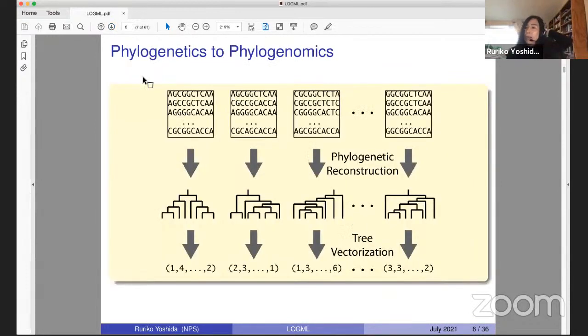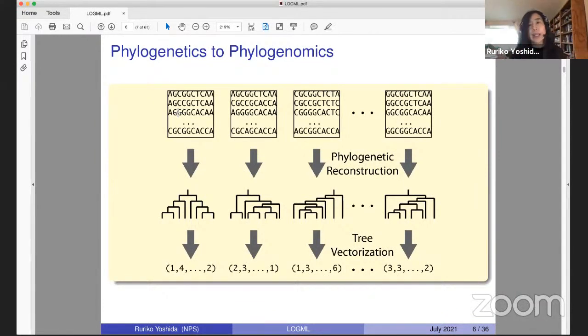Now this motivates the next step, called phylogenomics. We are trying to do statistical analysis on a sample of phylogenetic trees, so it's not one tree.